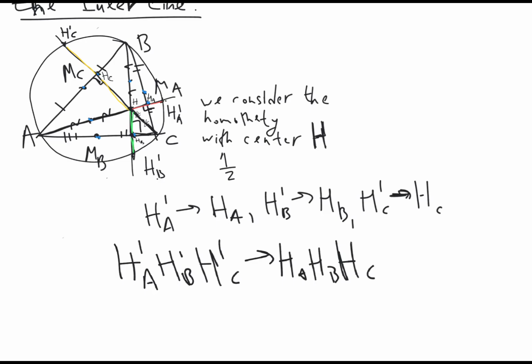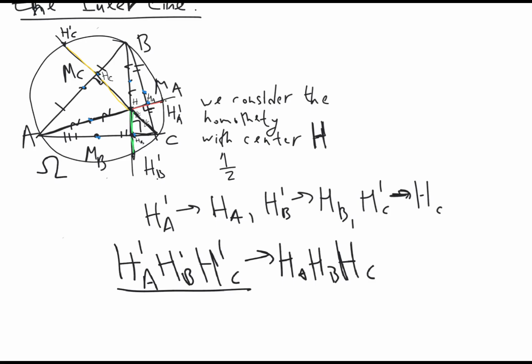So, but this means that the circumcircle of this triangle is this large circle omega, the same as the circumcircle of ABC.